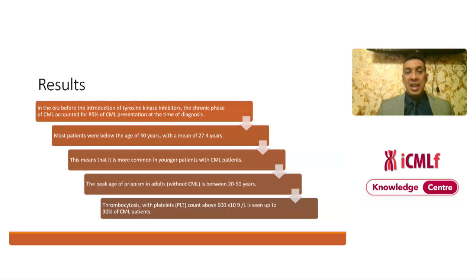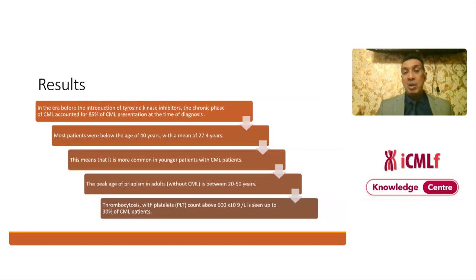This means that this is more common in younger patients with chronic myeloid leukemia. However, priapism was reported also in pediatrics, and there are a few reports in the elderly as well. But commonly it happens in adolescents and young adults. The peak age of priapism in adults without CML is between 20 and 50.